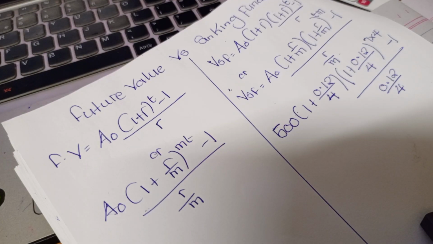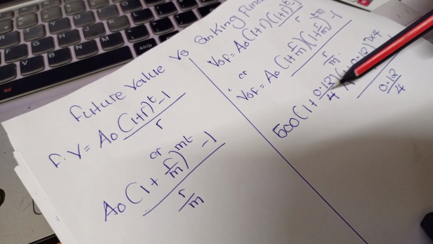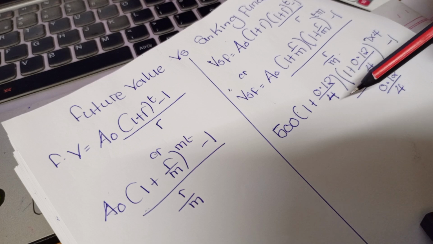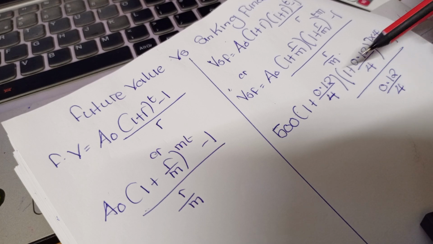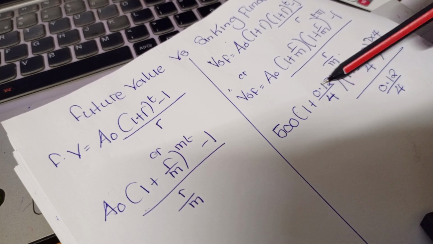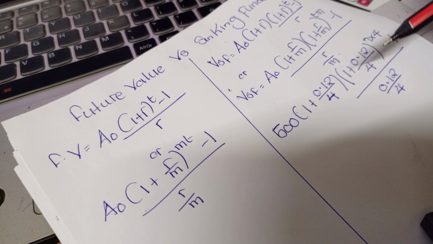So if we do our substitution, this is the result where you can just divide 0.12 by 4. Where 0.12 is coming from, we divided the 12% by 100 so that you take it in a decimal. So when you divide here by 4, the answer you get is 0.03 plus 1, which is 1.03.